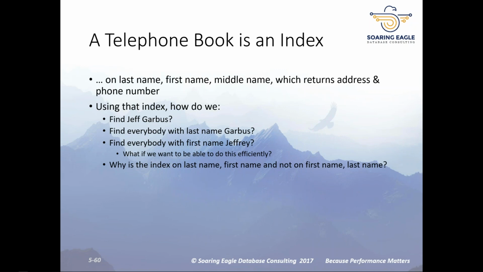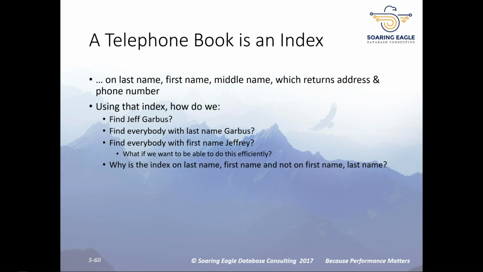What this does for us is give us a very fast way of getting to the actual data and the ability to store the actual data only one time, which is critical to us. So, clustered index on Garbus, non-clustered index on Jeffrey, and we've got a win.